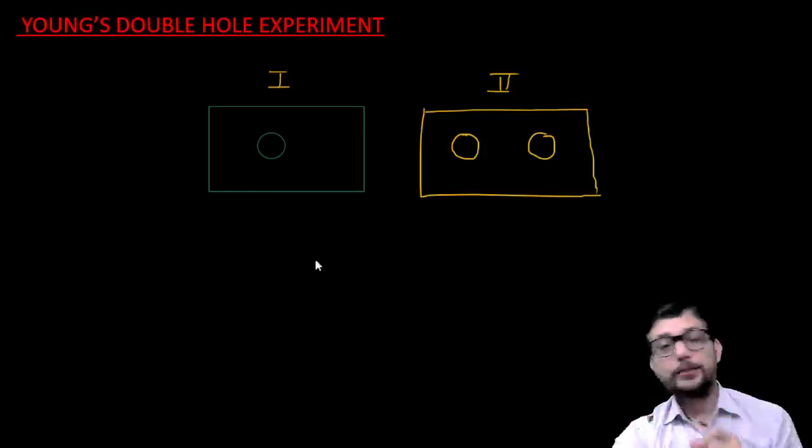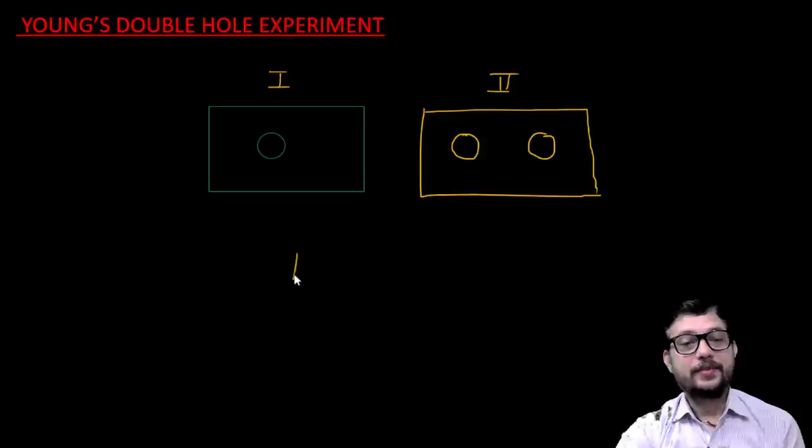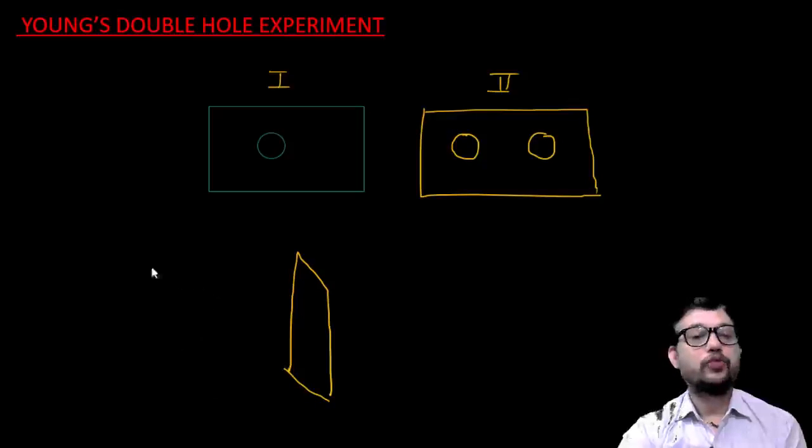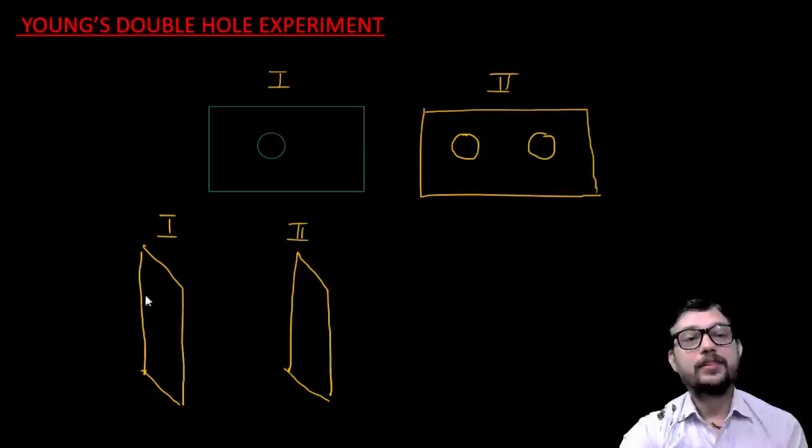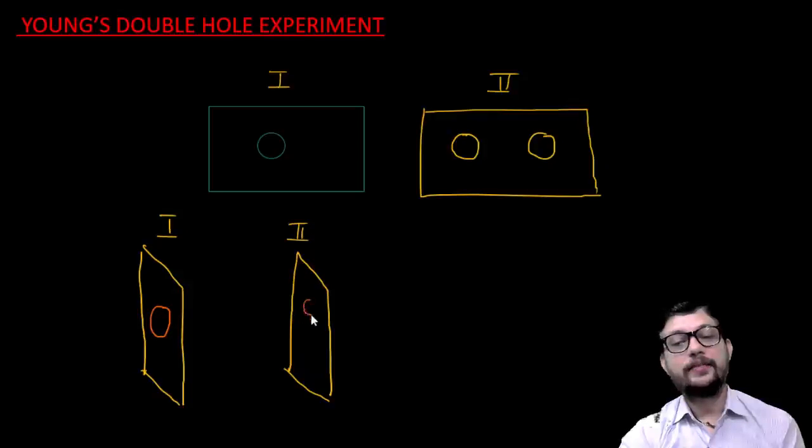These two cardboards are arranged in this way. This is the first cardboard and this is the second cardboard. This one has one hole and this one has two holes.